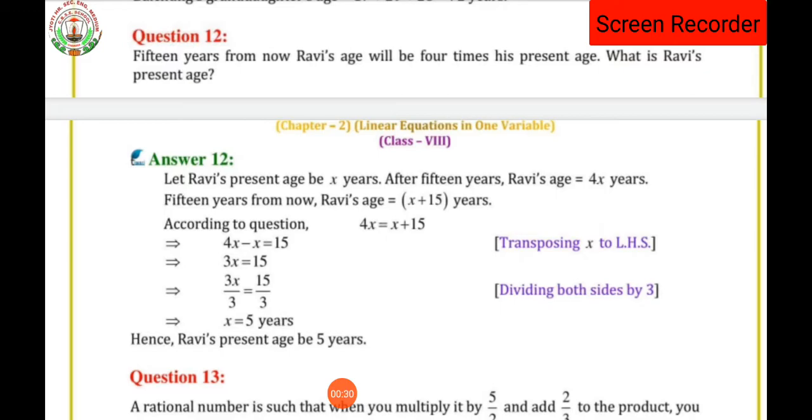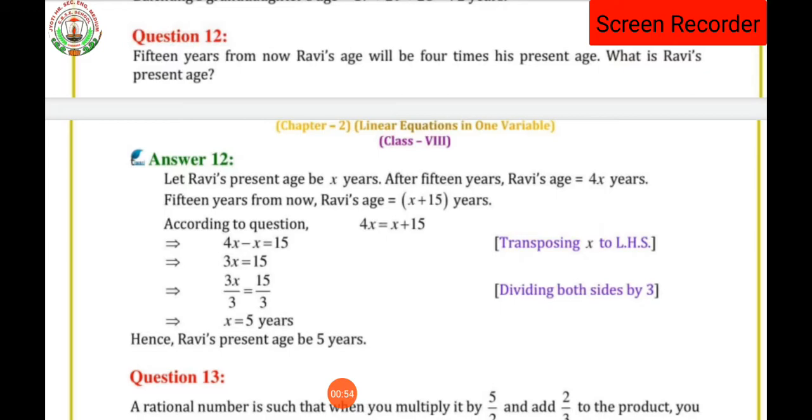15 years from now, Ravi's age will be 4 times his present age. What is Ravi's present age? Have you understood the question? Suppose Ravi's present age is X. Then 15 years from now, that means it will be added, isn't it?